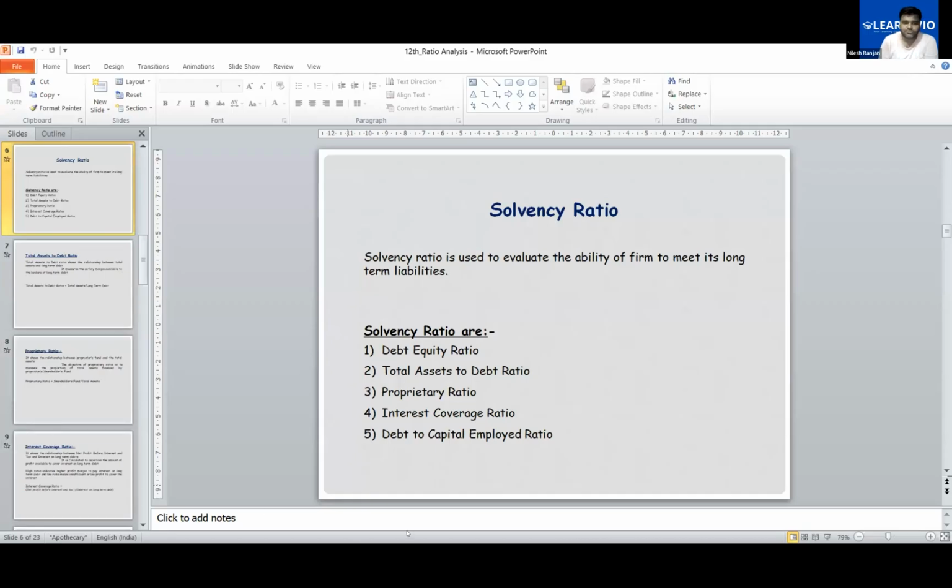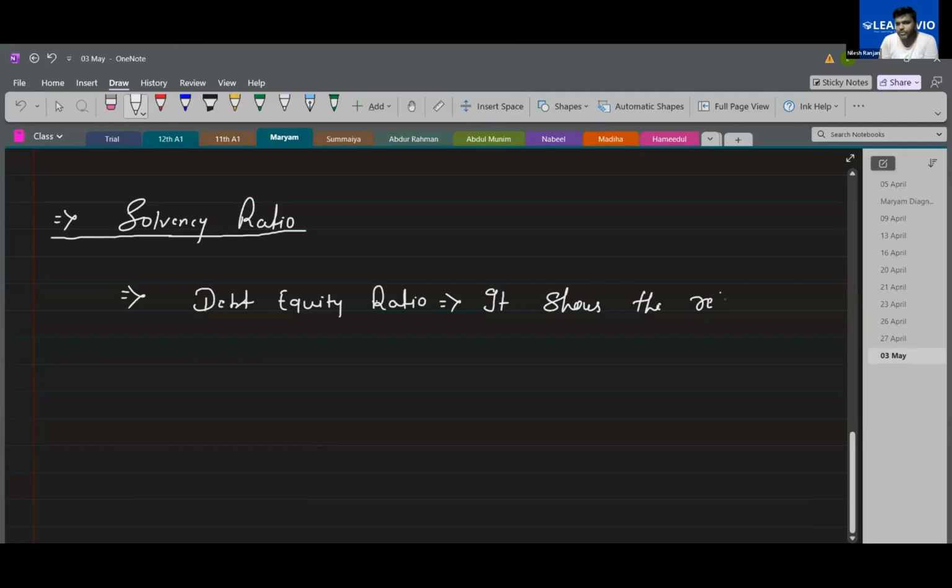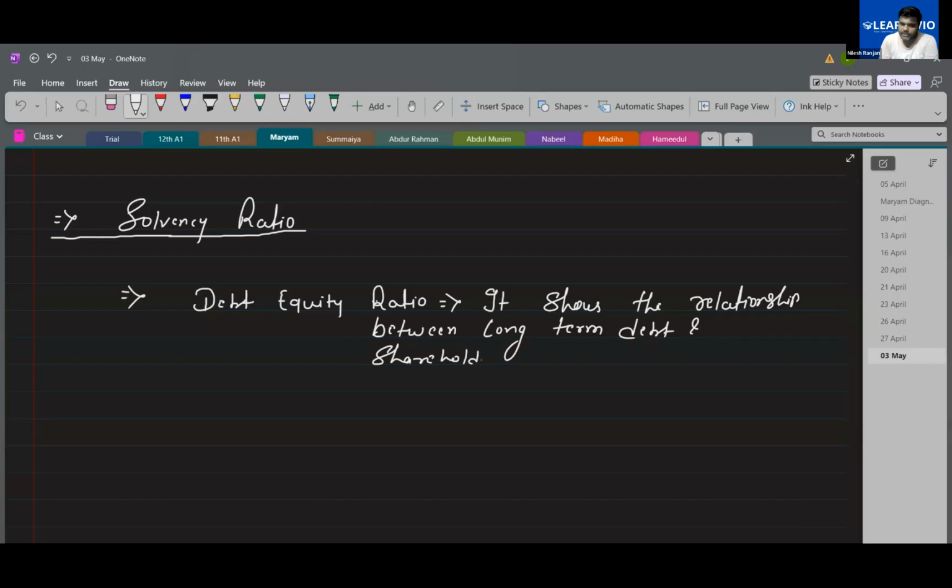It shows the relationship between long-term debt and shareholders fund. Equity means shareholders fund.